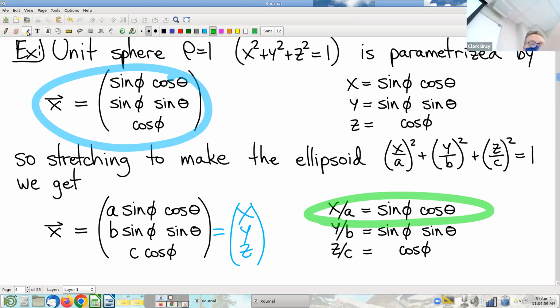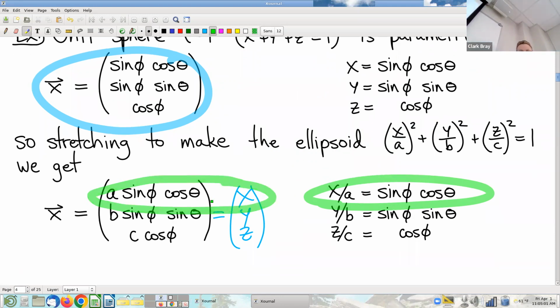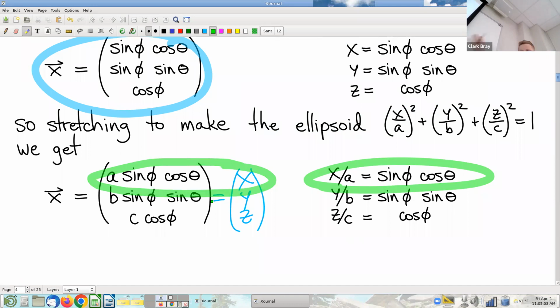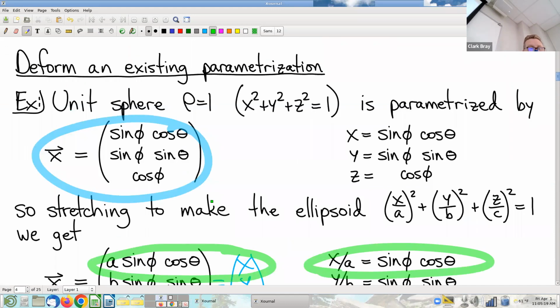That green equation is exactly the same as that green equation. So same answer, written a little differently. Take your preference, whichever way you like better will get you there. But that's how you do that. So moral, if you have a parameterization that is easily deformed into what you're trying to parameterize, start with your existing parameterization and just think about how the deformation works.